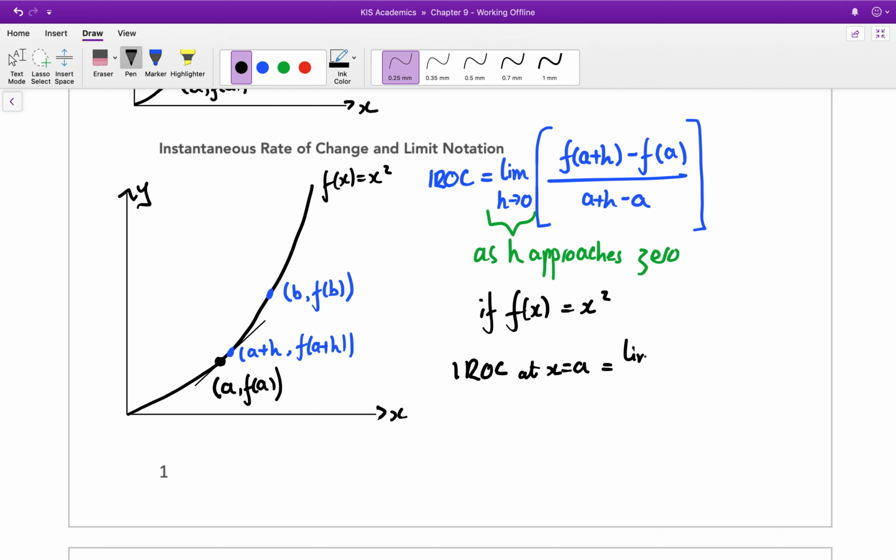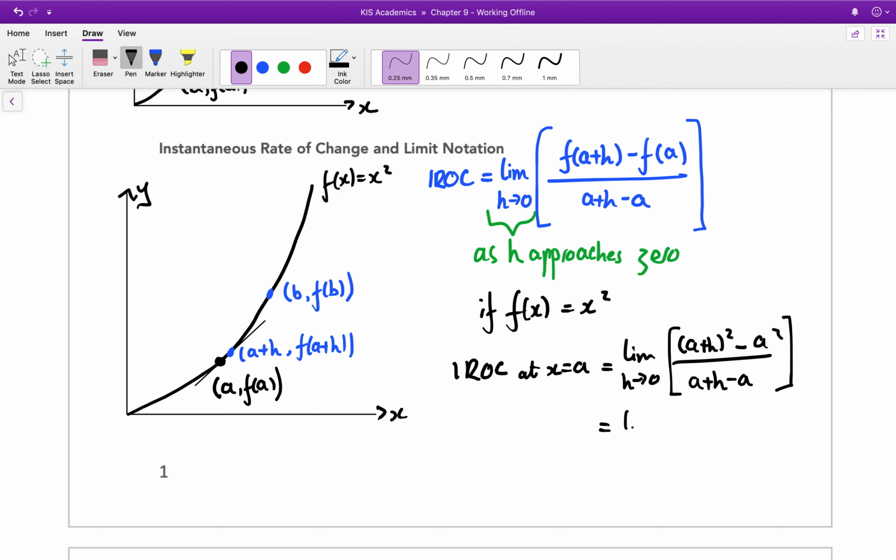So we have the limit as h approaches 0 of f of a plus h, which is a plus h squared, minus f of a, which is a squared, all divided by a plus h minus a.